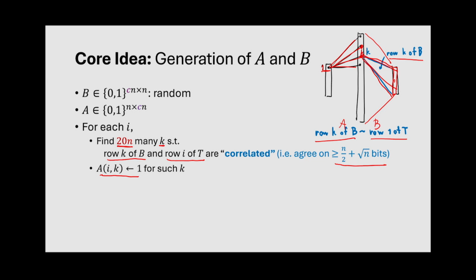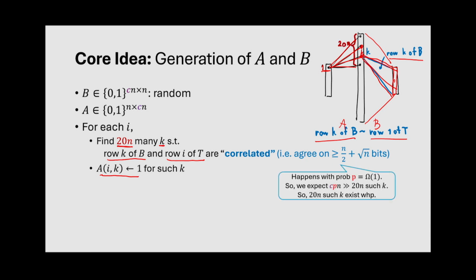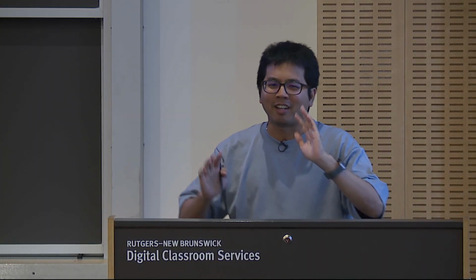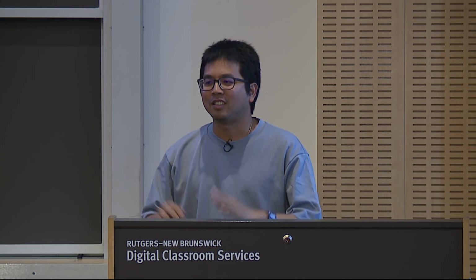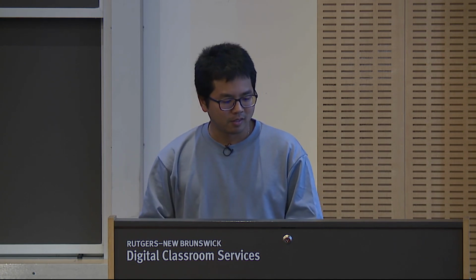So this happens with constant probability. So I actually expect this many to be correlated. The number of Ks that are correlated is like c times p times n, which is way more than 20n. So I can find these 20n Ks. This is with high probability.